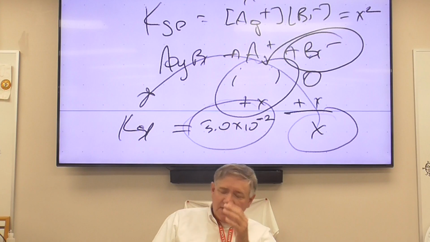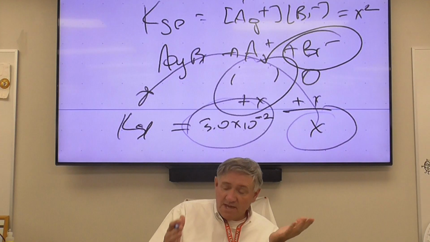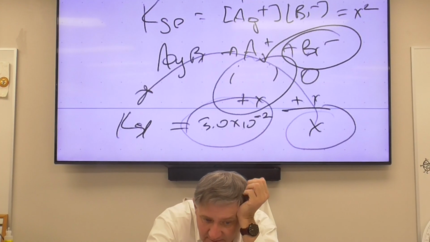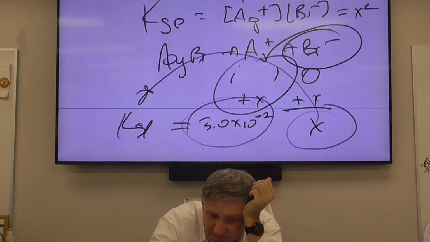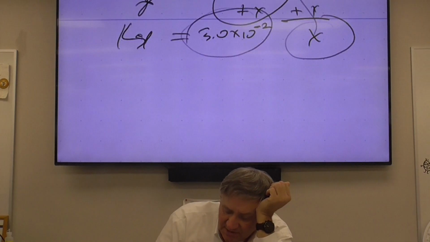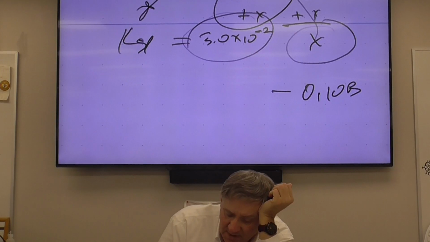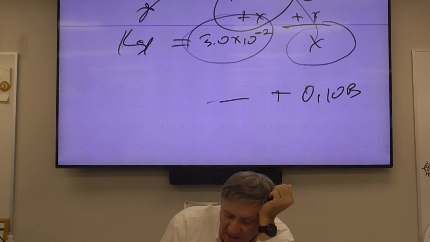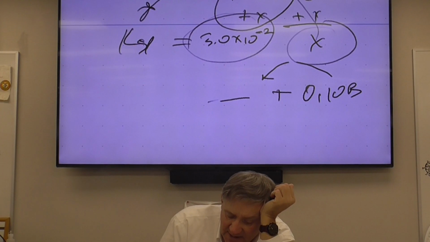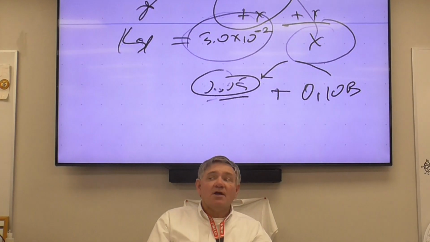Now, here's what you cannot do, just because the math is easy. When you look at C and it says it's a 0.1 molar solution, to get the silver ion concentration you cannot take that and just divide it by 2 and say, oh, that's 0.05.